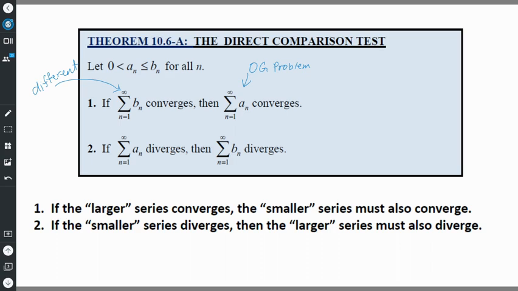The same goes if the smaller series diverges, meaning if you're comparing, then your larger series must also diverge. These two statements are really important. If your larger series converges, then your smaller series converges.